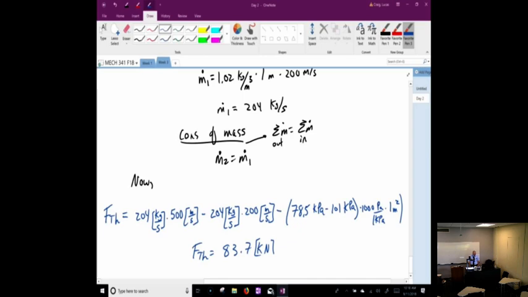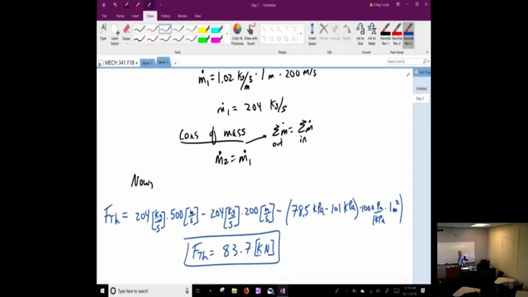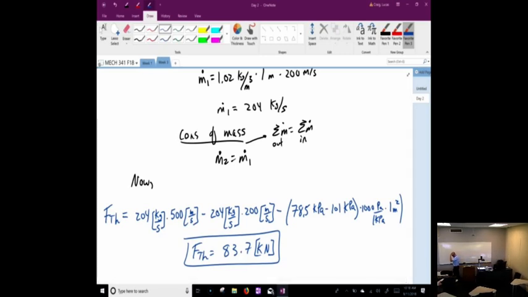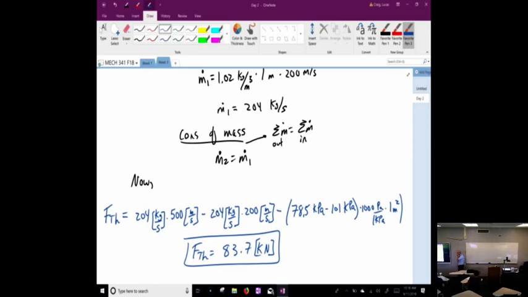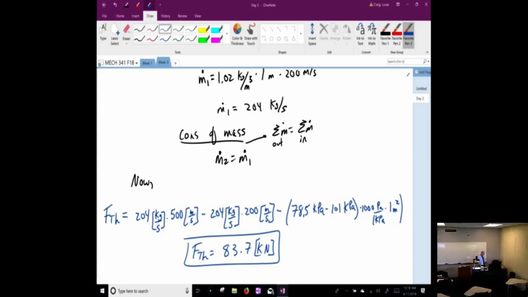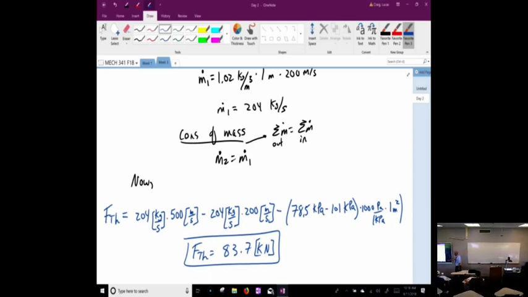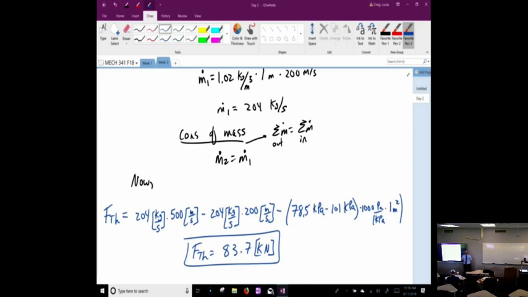Do we have everything in the equation? I think so. And is our direction right? It is, otherwise this would have been a negative and that would have been flipped.